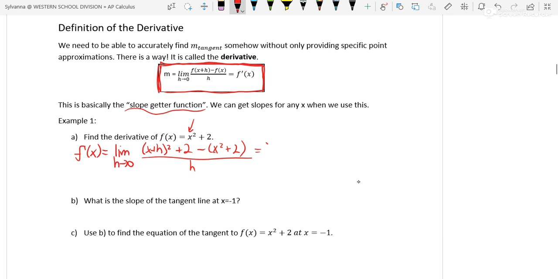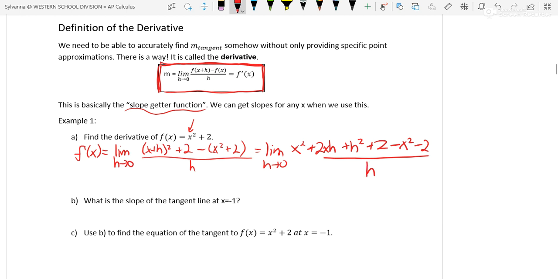Okay, so let's simplify the numerator here. So we have, if I expand the top, I get x squared plus 2xh plus h squared plus 2 and then minus x squared minus 2 all over h.